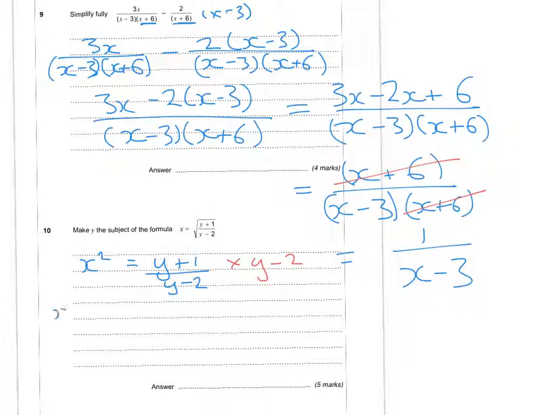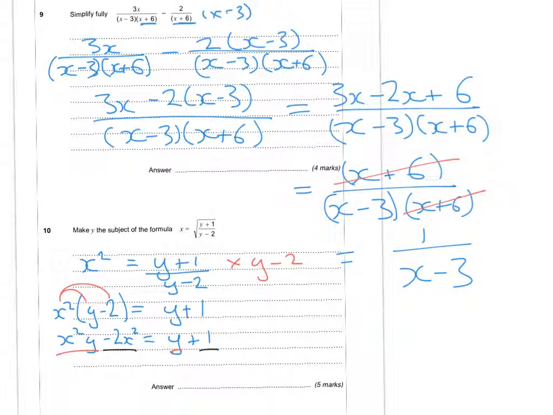So I get x squared times y minus 2 is y plus 1. Expand the bracket. x squared y minus 2x squared equals y plus 1. Get all my y's on the left and everything else on the right.